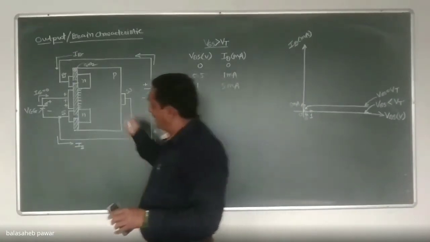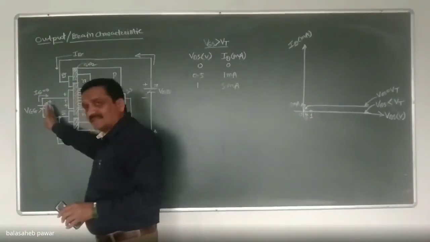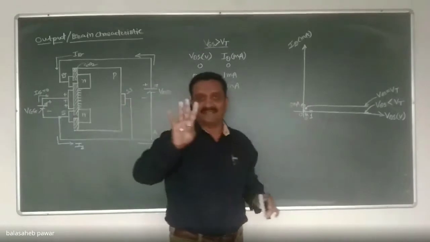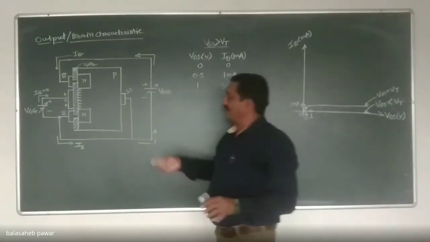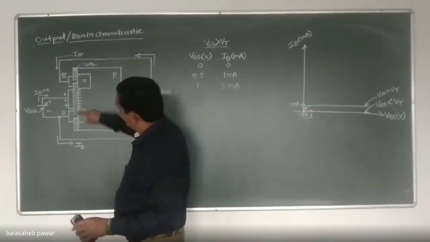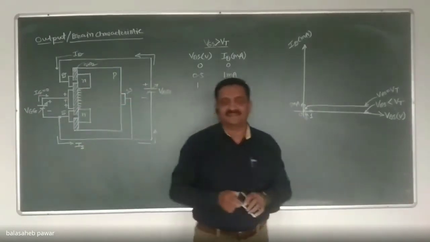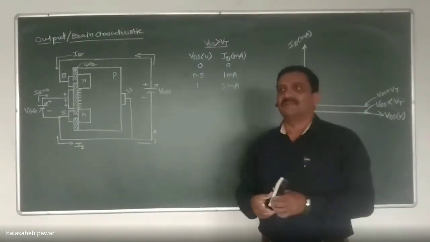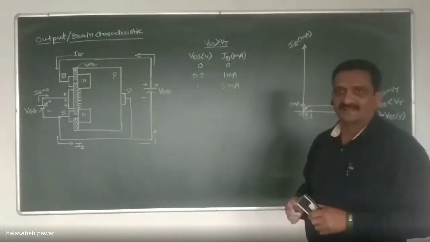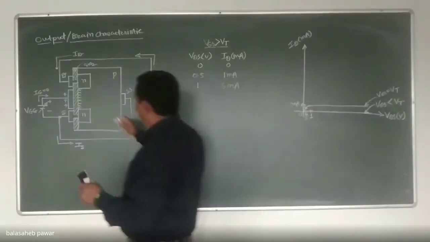If I apply VGS equals 4 volt, that is slightly greater than VT, my question is, what will be the effect on this accumulated charge carriers? That number of charge carriers, I think we consider as 150. They will increase.